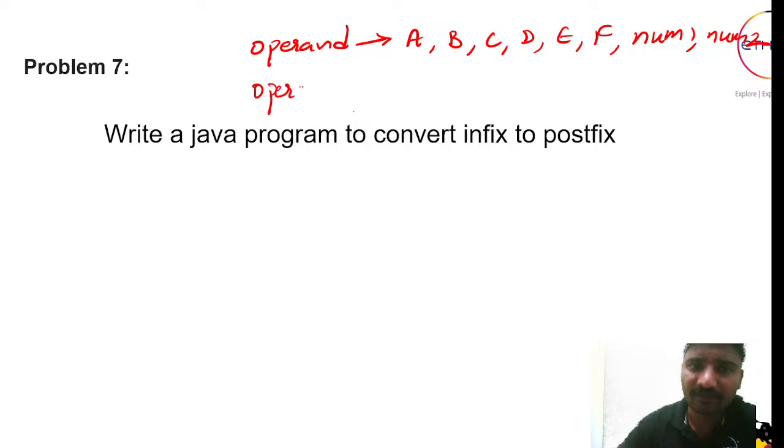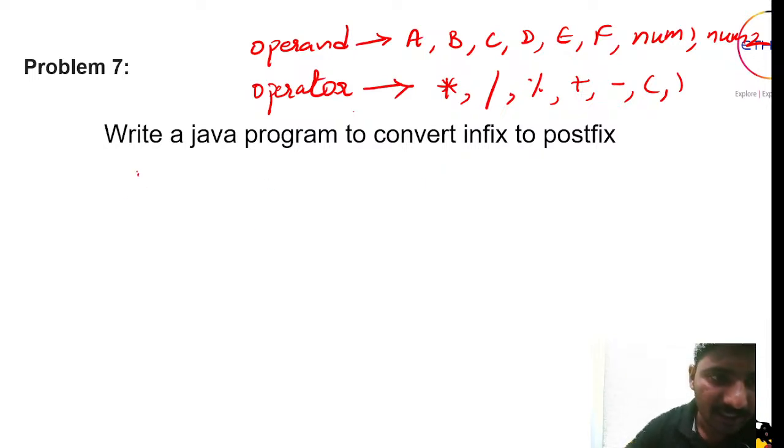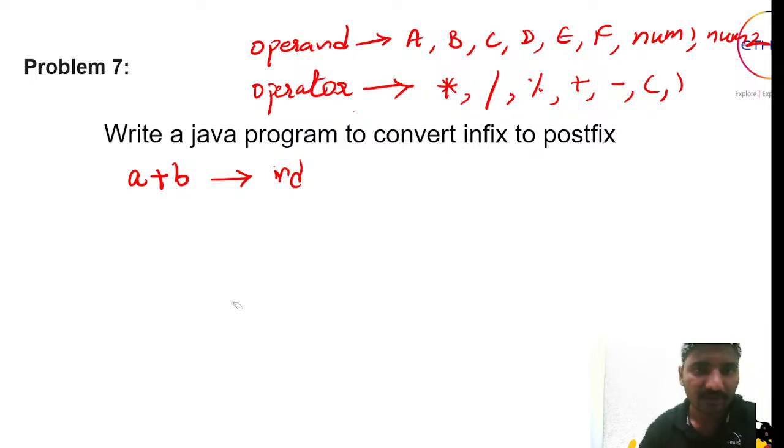Now, operators I am speaking about: addition, multiplication, division, modular division, subtraction, then brackets. All these things go with operators. Cool. Now let me keep A plus B. The operator is between the operands, so this can be called infix. So let me erase the screen.